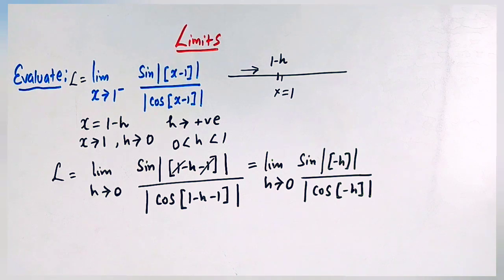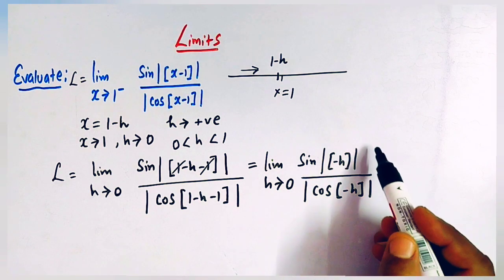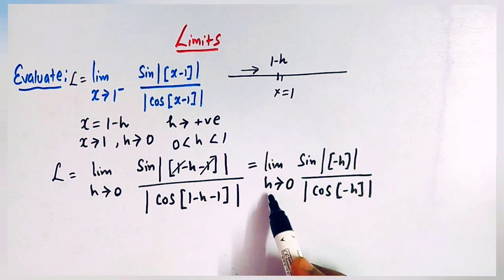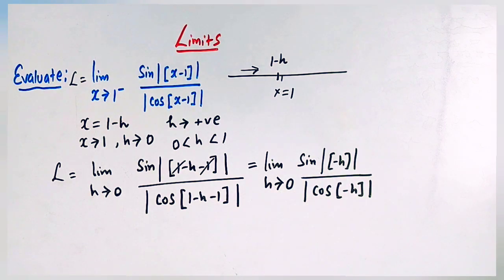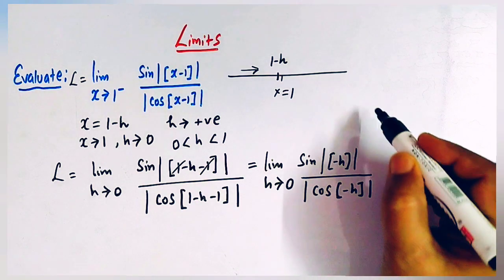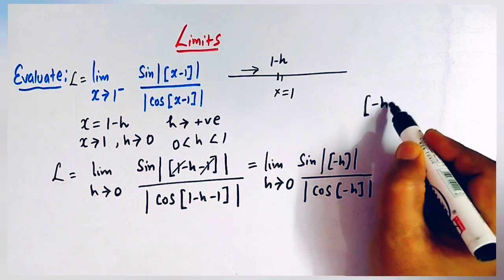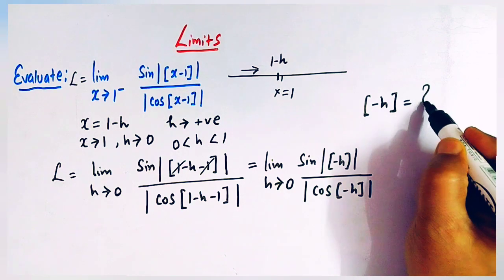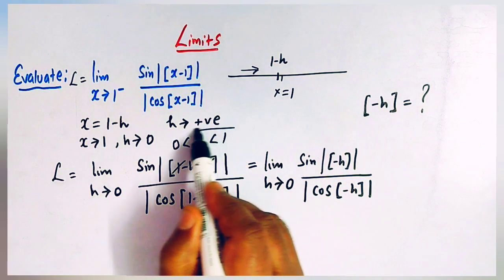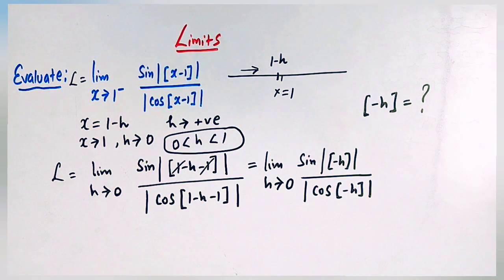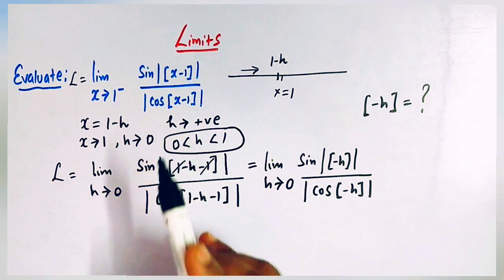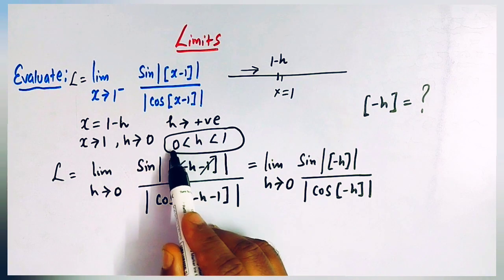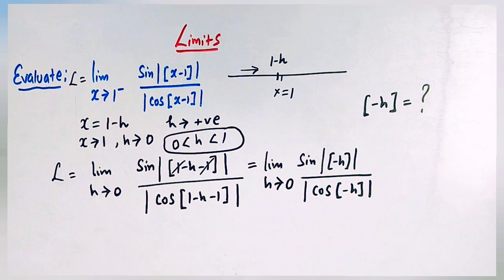Now we cannot directly substitute h equal to 0. For assigning the value of greatest integer of minus h, we'll take help of this inequality, which says that h is a very small quantity lying between 0 and 1, and moreover h is positive.